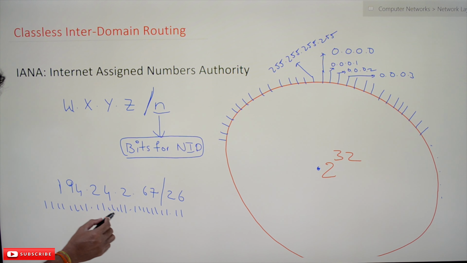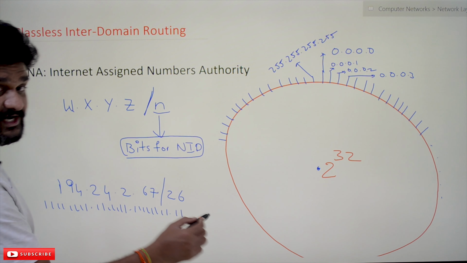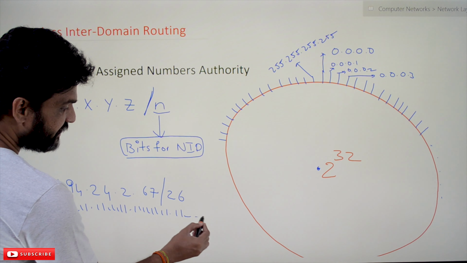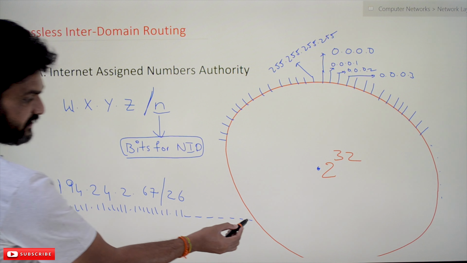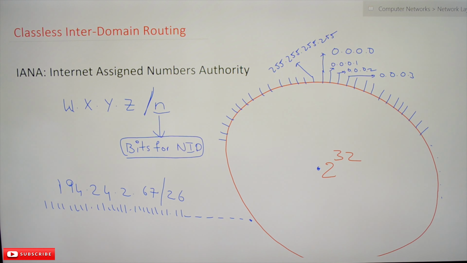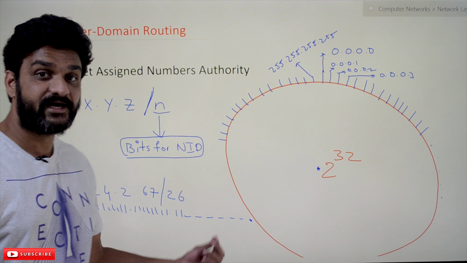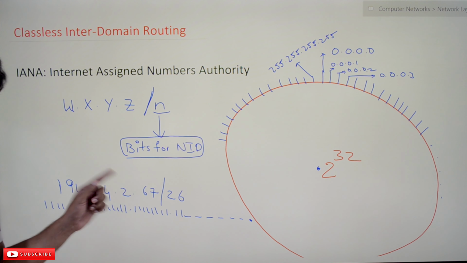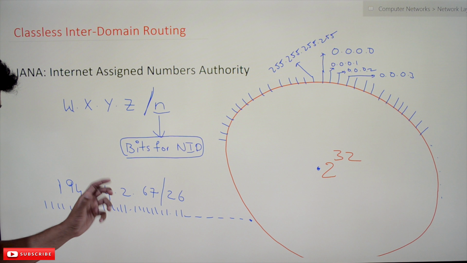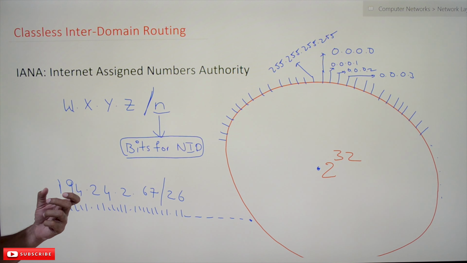Here 8 plus 8 plus 8 is 24, plus 2 is 26 bits, and the remaining 6 bits are allocated for the host ID. This is just one IP address, and the representation is done in this way.